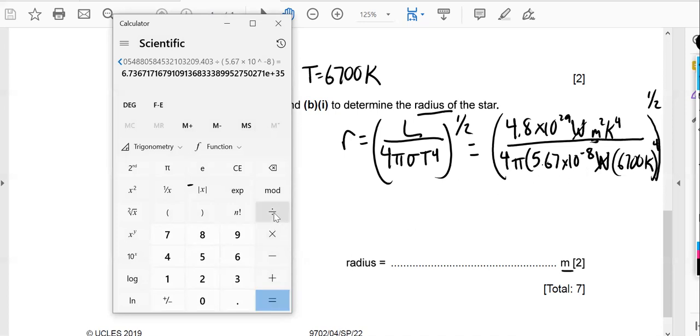Now I've got to divide by, and I'm just going to use parentheses to play it safe, but if I hit 6,700 to the fourth power, it should do the exponent first before the division, right? But let's just be safe and say, I want to divide by, open parentheses, 6,700.